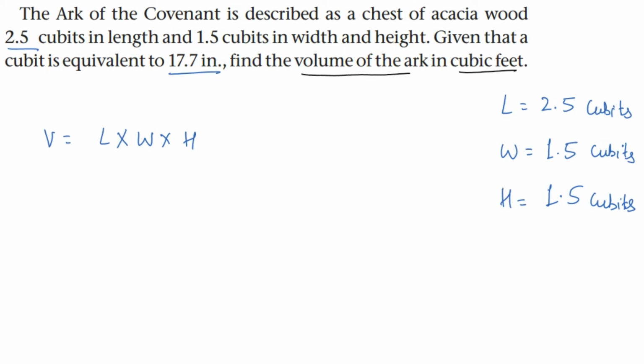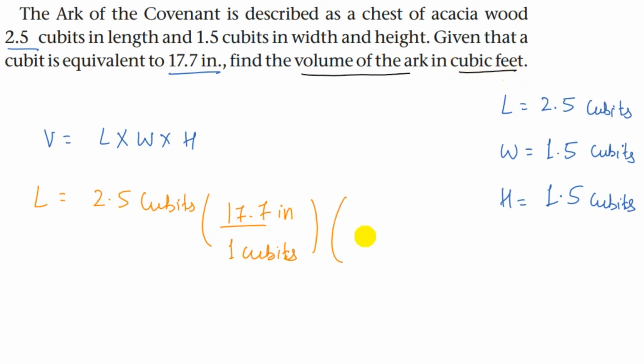Let me first convert the unit for length. The length is given as 2.5 cubits, and in 1 cubit we have 17.7 inch. So we have converted cubits into inches, but we have to get our answer in cubic feet, so we have to convert to feet. We know that 1 inch is equal to 1 over 12 feet.